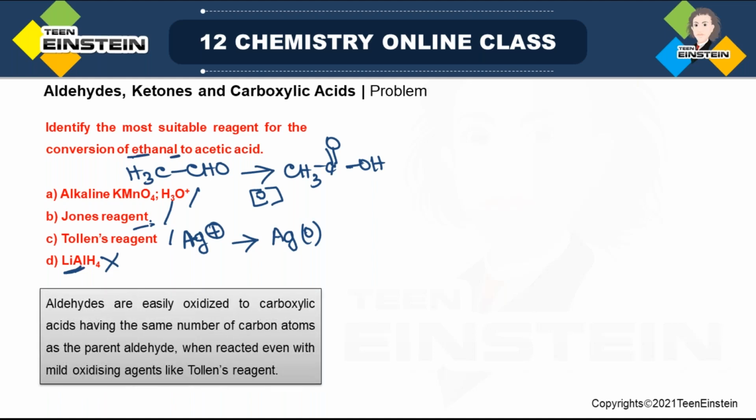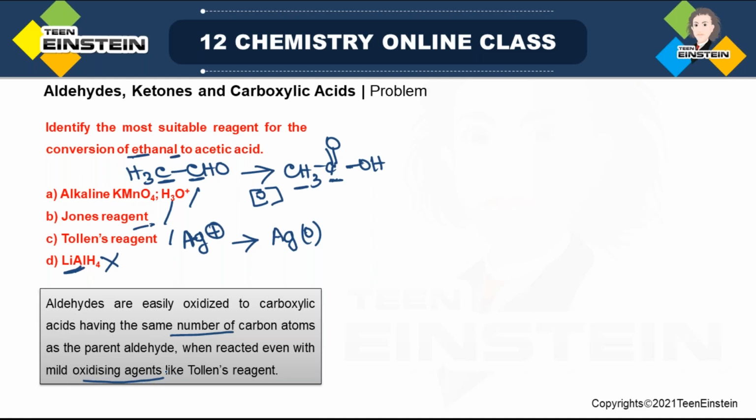That means from aldehyde to carboxylic acid. Aldehydes are easily oxidized to carboxylic acid having the same number of carbon atoms. You can check: before reaction 2 carbon, after reaction also 2 carbon. So there is no C-C bond cleavage, as the parent aldehyde reacts even with a mild oxidizing agent like Tollens reagent.